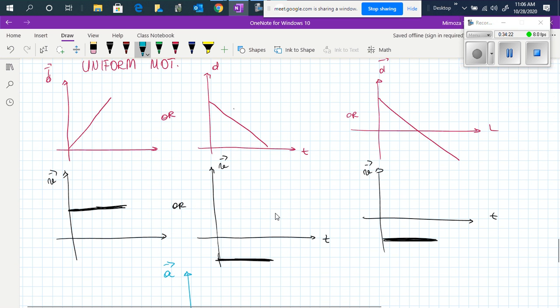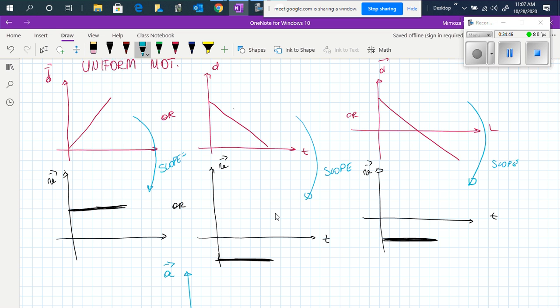Now, why do we calculate the slope? Because the slope is the rate of change. The velocity is the rate of change of the displacement. Therefore, we calculate the slope of the displacement time graph.